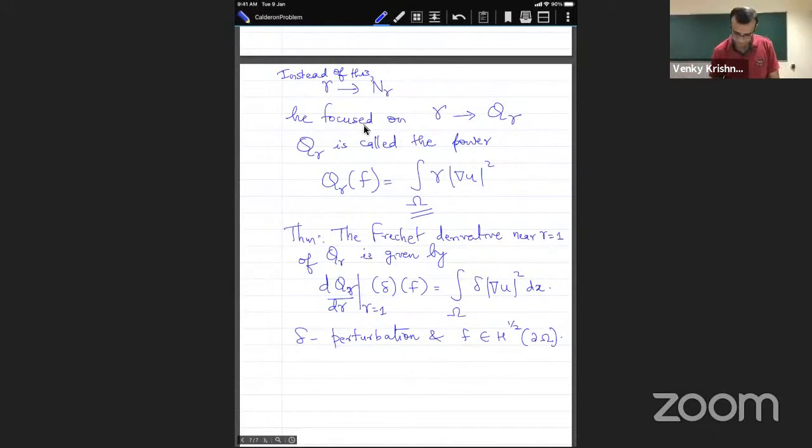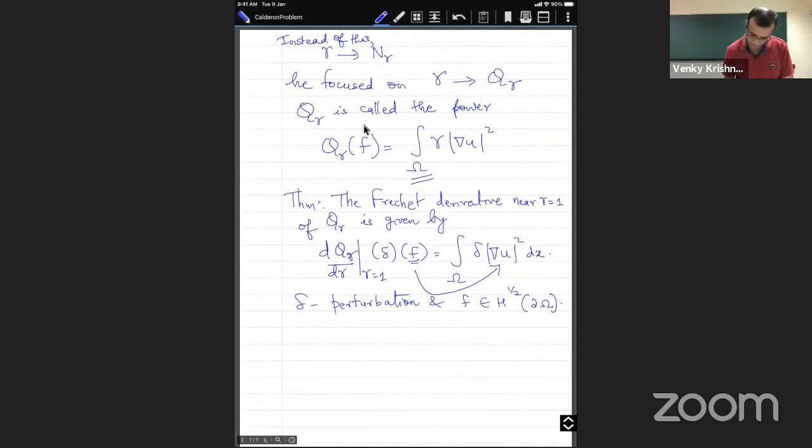So there is f over here, and there is actually a u over here. What is the relation between these two? Where u solves Laplace u equals 0 in omega, and u restricted to the boundary of omega is equal to f.